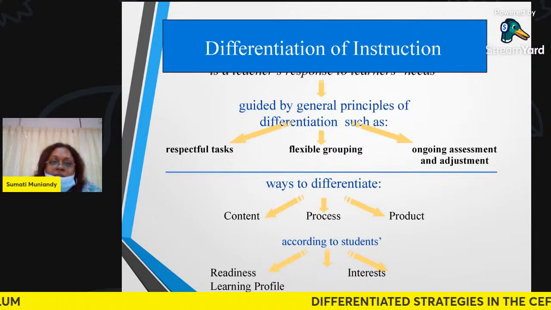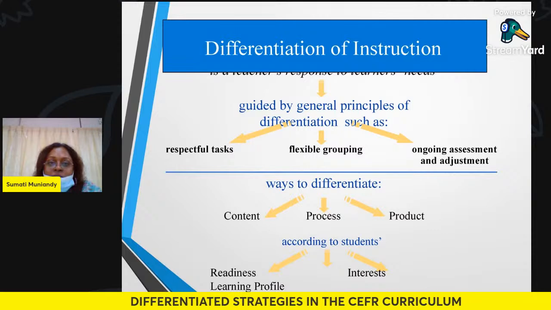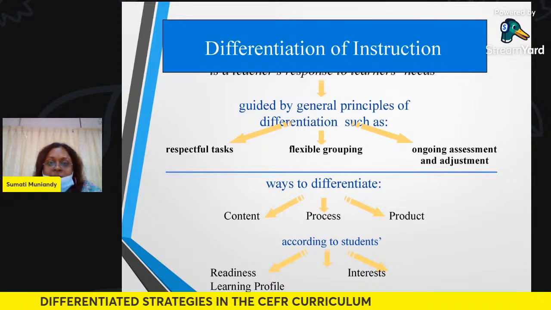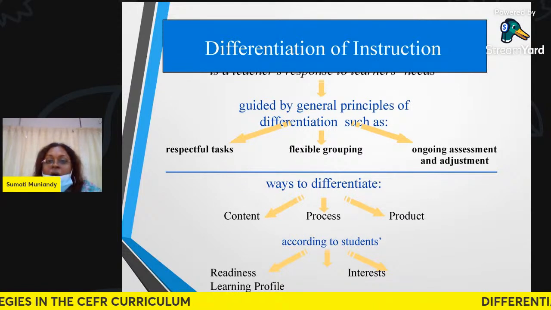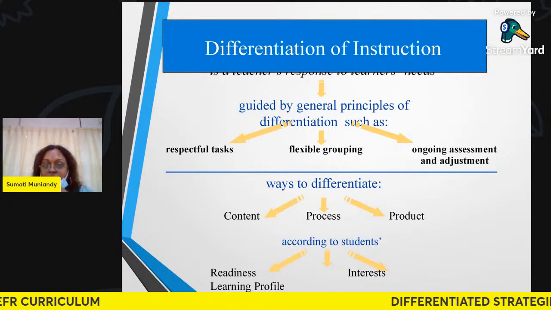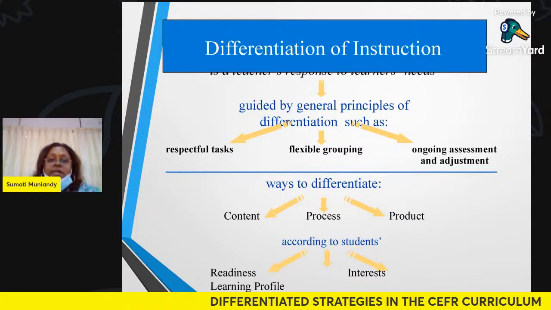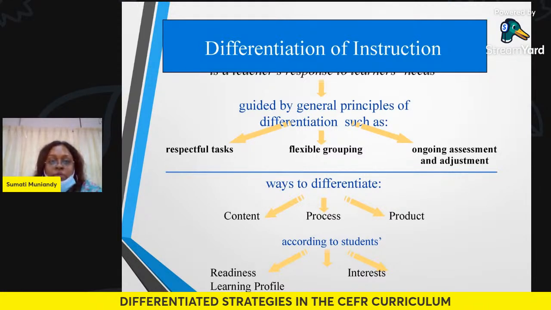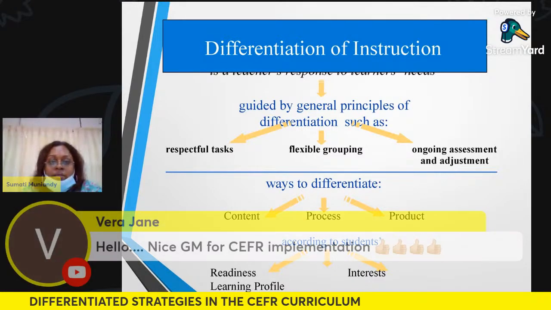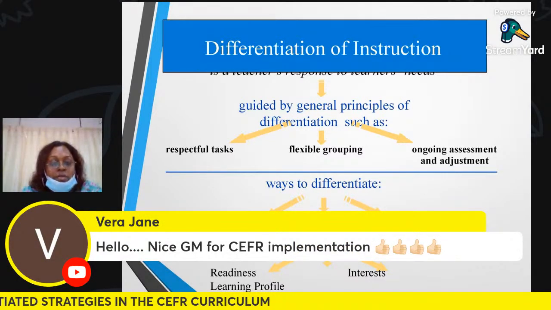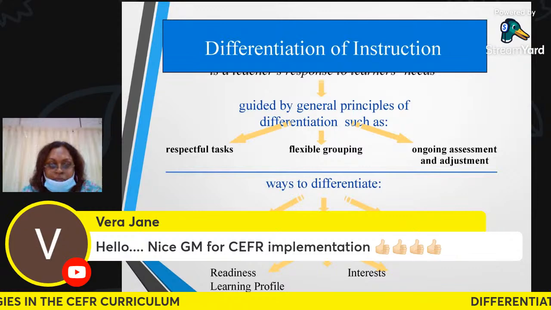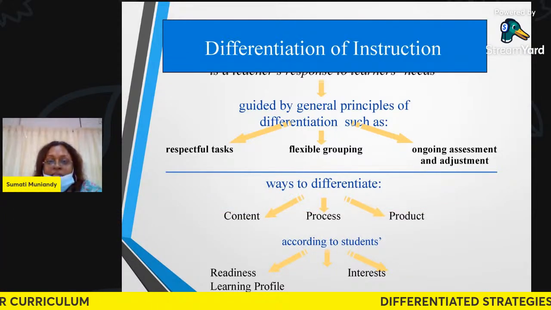Okay, differentiated instruction is guided by general principles of differentiation such as respectful tasks, flexible grouping, and ongoing assessment and adjustment. All right, these are the key things that you have to look into, whether the task is suitable for the learners. And flexible grouping.